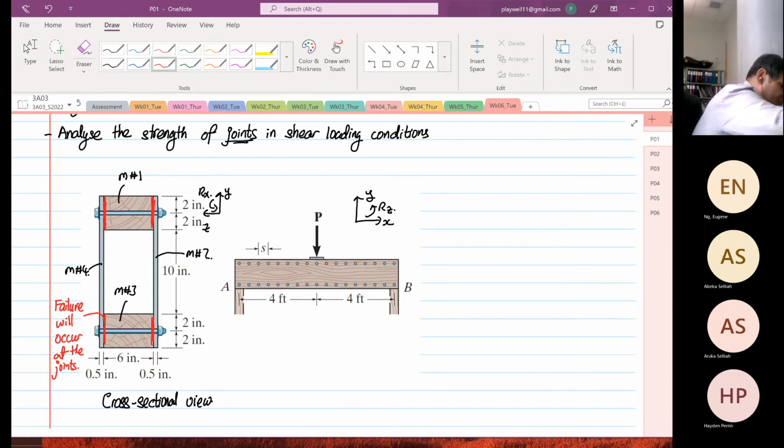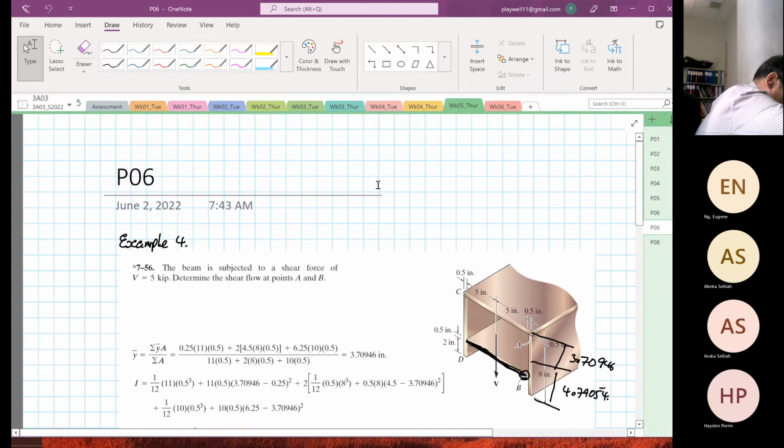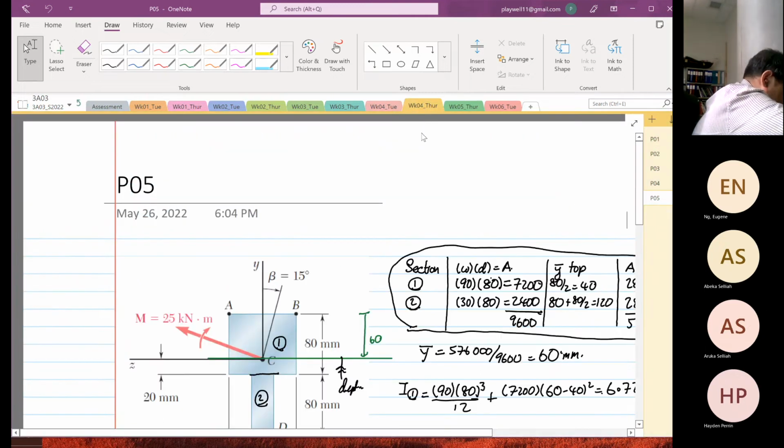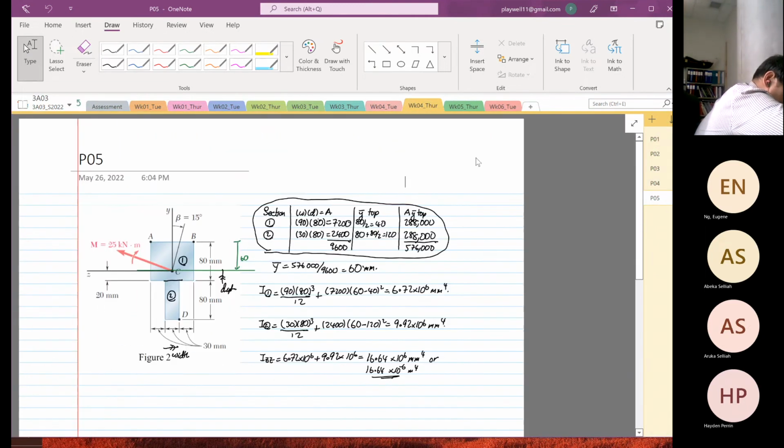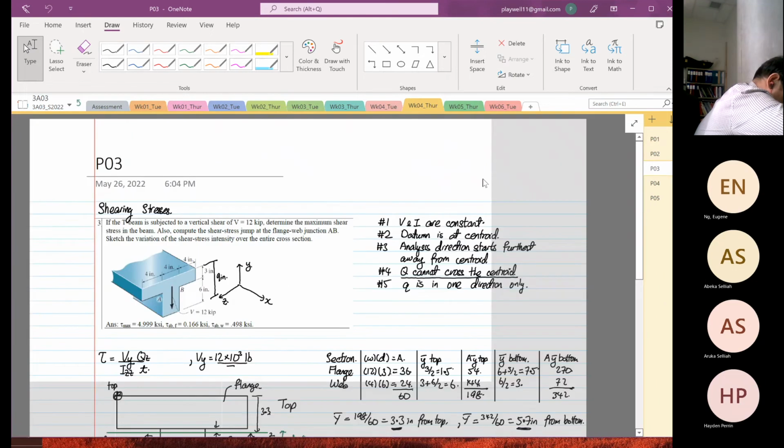Okay, if we look at last week, the previous week, if we have a section, I'll try to emphasize on a figure that I can get. Hold on.